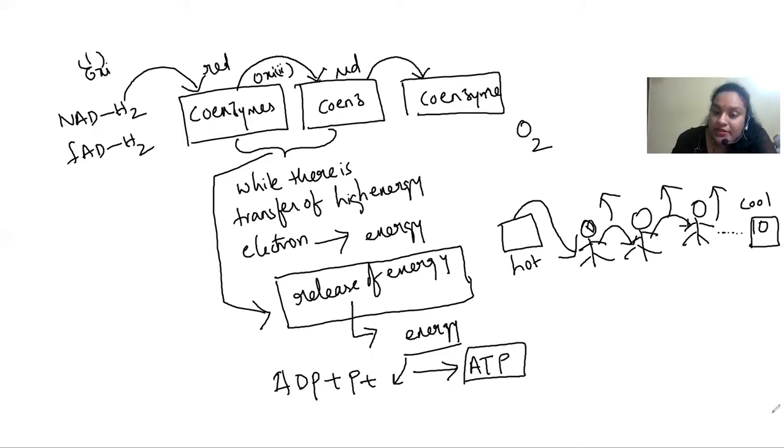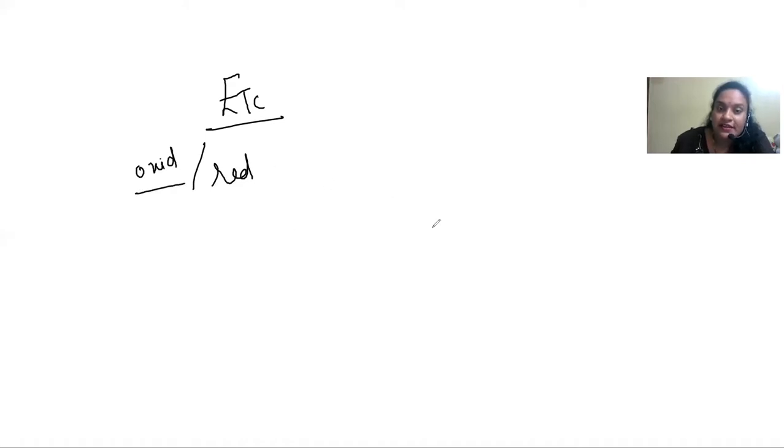Okay, and remember children, during this particular ETC, electron transport chain, when there is a series of reduction and oxidation reactions happening, what has happened? This has released the energy, right? This has resulted in the release of energy.